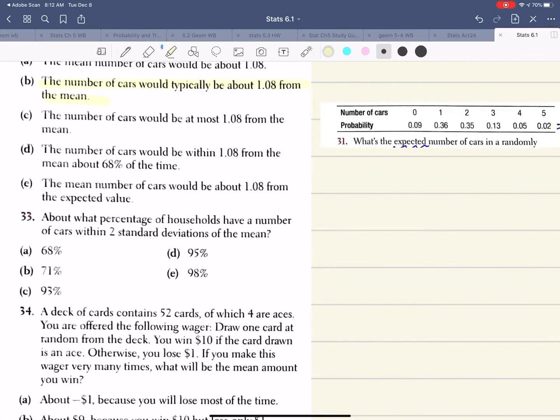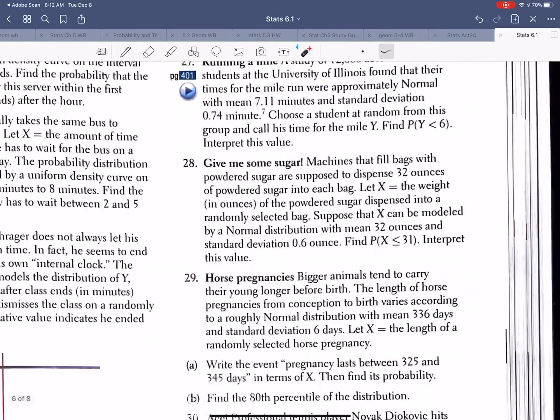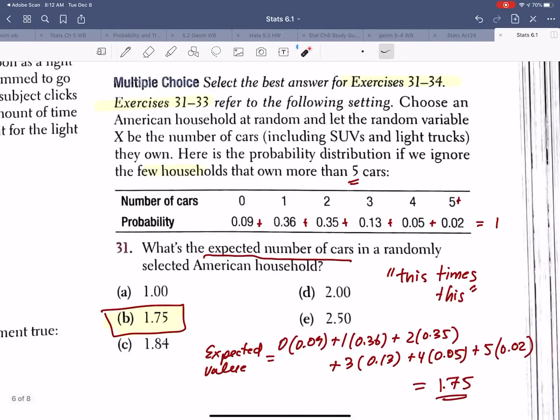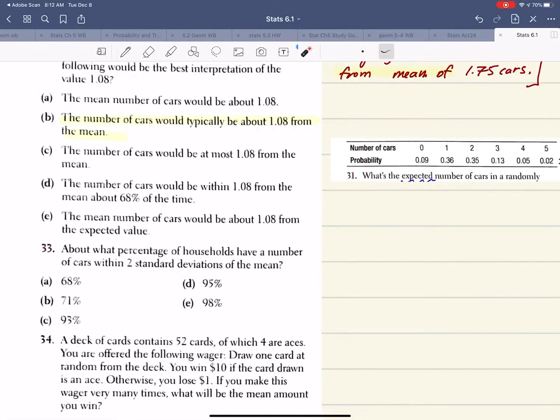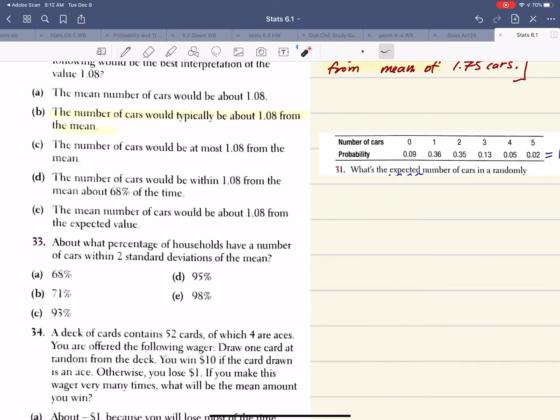33, same fact scenario. I copied and pasted the table so I wouldn't have to flip back and forth, but this is the same table from here. It says about what percentage of households have a number of cars within 2 standard deviations. Okay, so if my mean is 1.75, within 2 standard deviations of the mean means I'd either add or subtract, right?